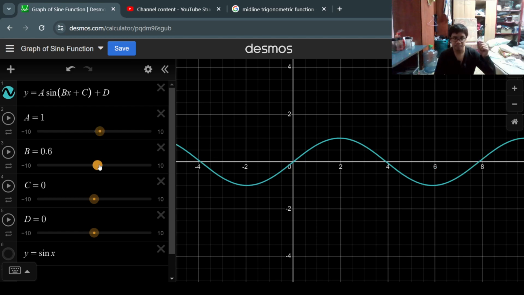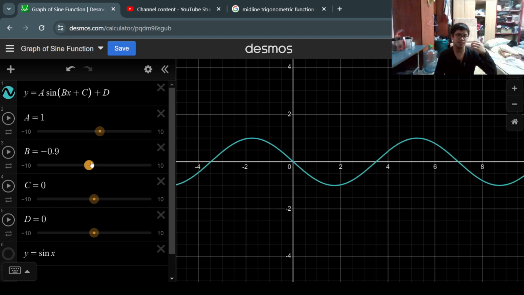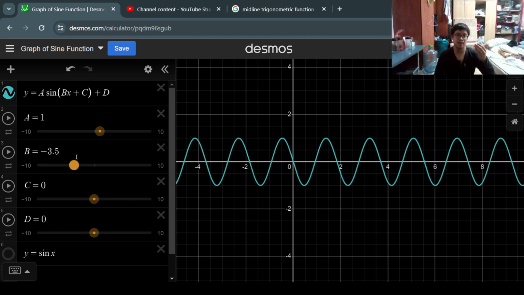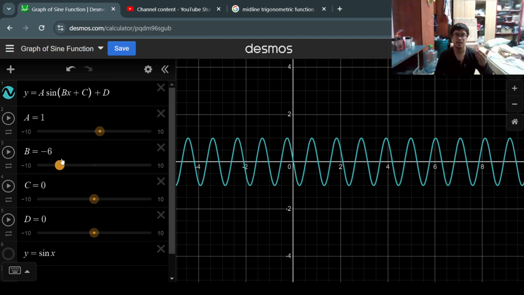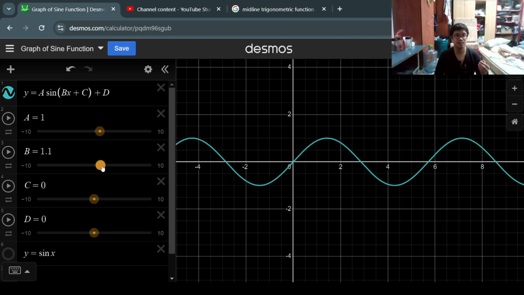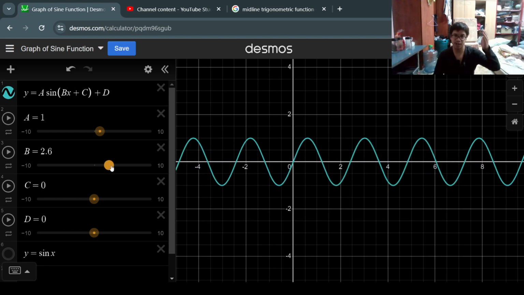Now, here's the thing. Your B is 0. If you're going to decrease it even more, it will go back to shrinking, but in reverse way. Now you see the difference? If your starting point is 1 and then you increase it, it will shrink, shrink, shrink.